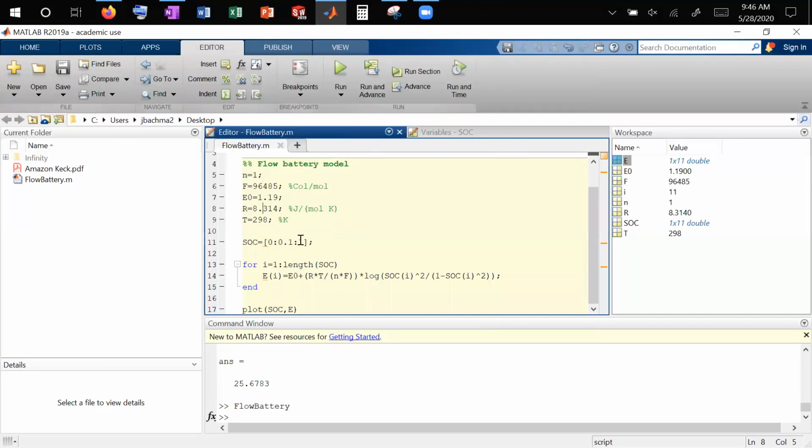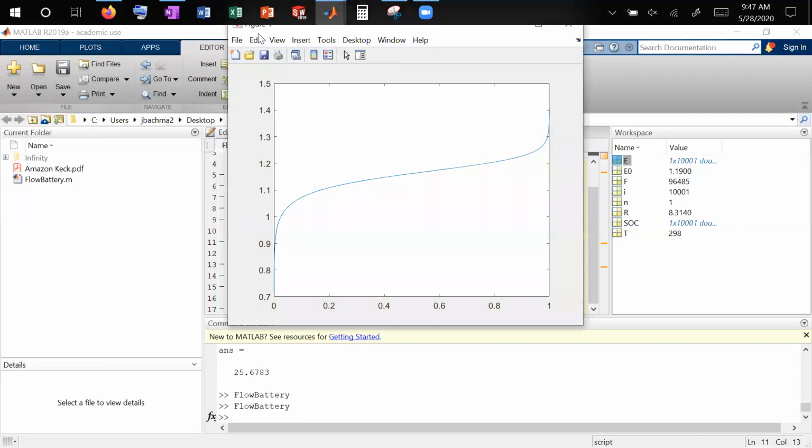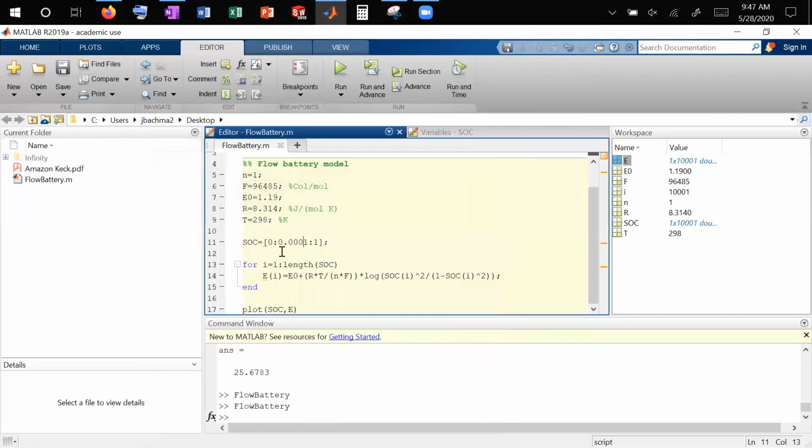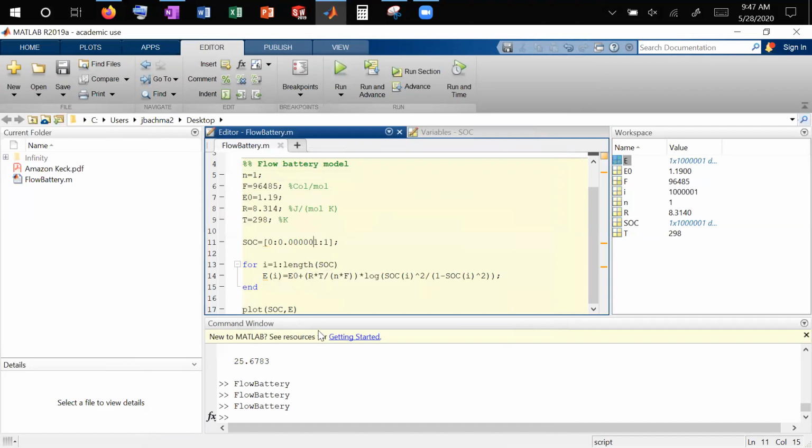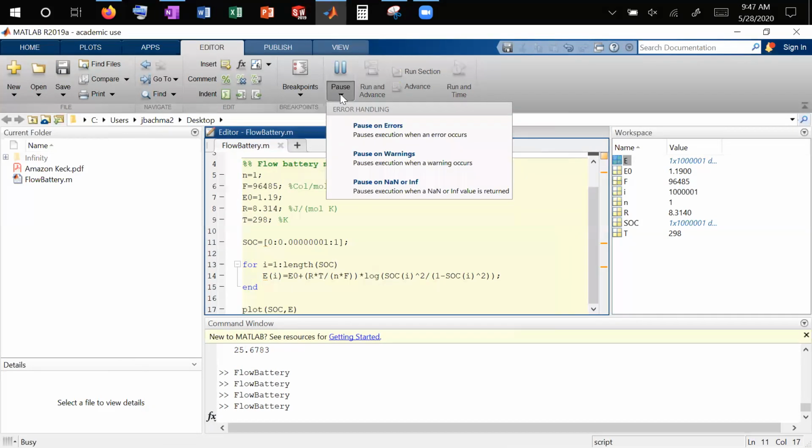So let's try a couple of things. This isn't really a good way to write the code, because let's say we want to do a lot more data points. Let's start off with not that many. Let's see, we want to do this many data points. It's still pretty fast, I guess. We'll compare it though. Now it's probably too slow.